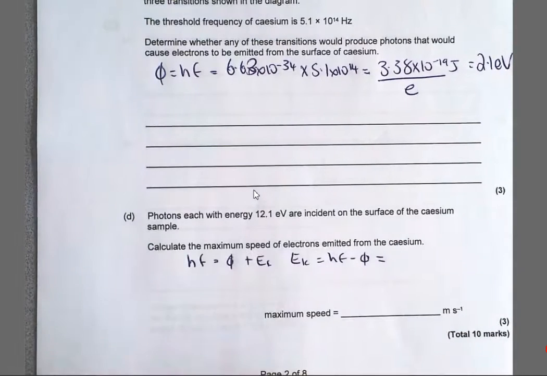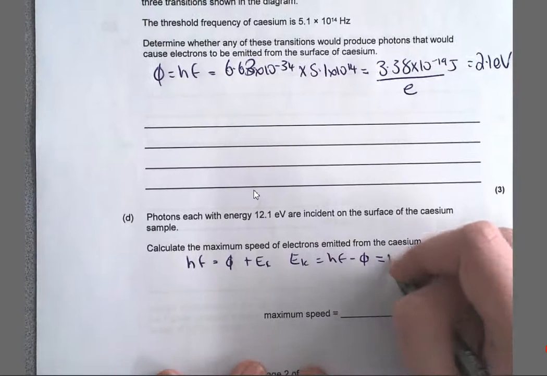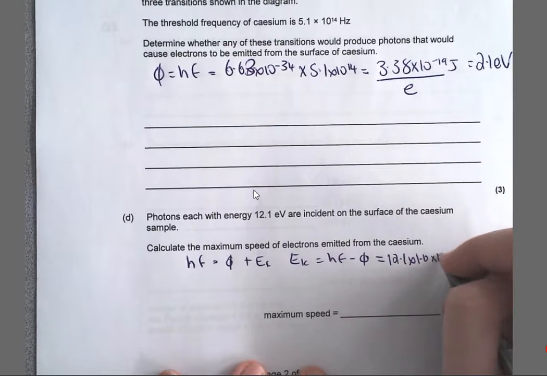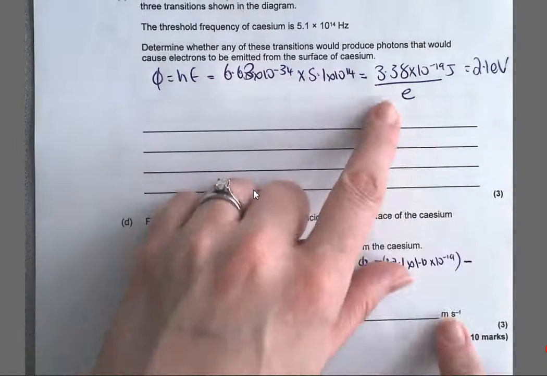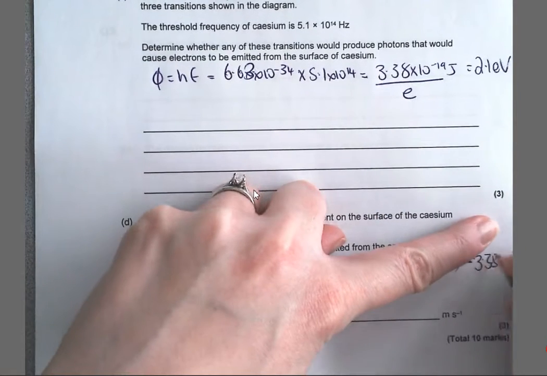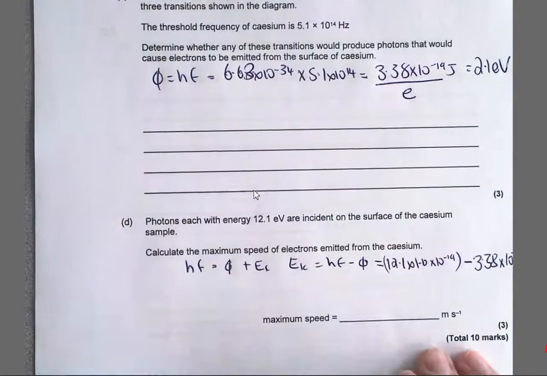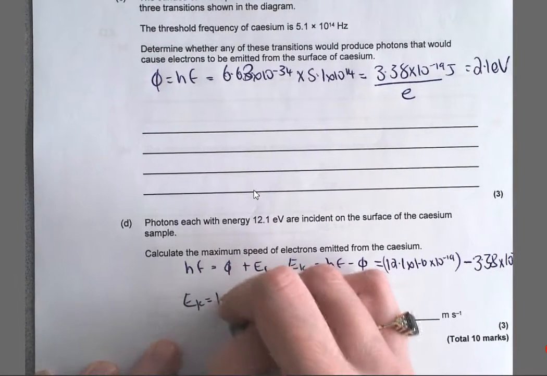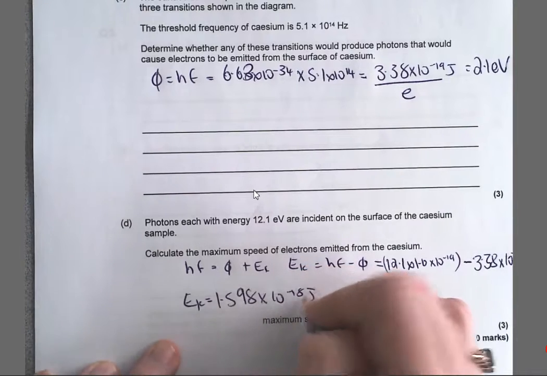My hf is the photon energy, which is 12.1 electron volts. I need to convert that into joules by multiplying by e, and I need to take away my phi, which I calculated here. That gives me a kinetic energy of 1.598 times 10 to the minus 18 joules.